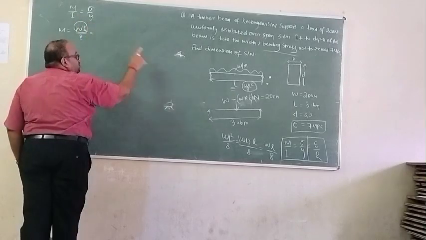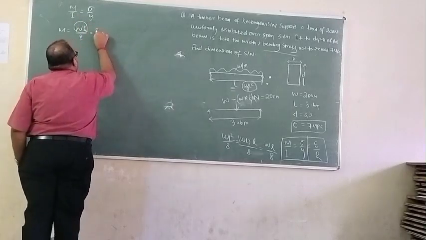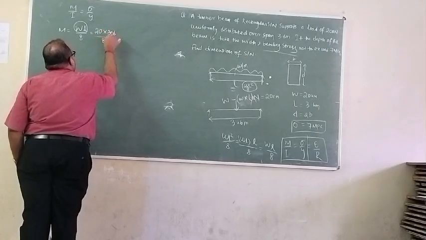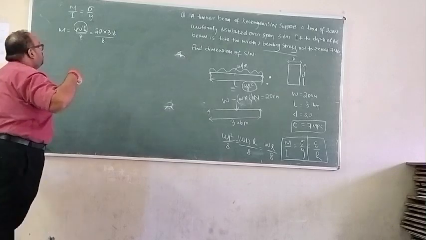So capital W value is given 20 kilonewton. Length is given 3.6 meter. Divide by 8. This is the M value.